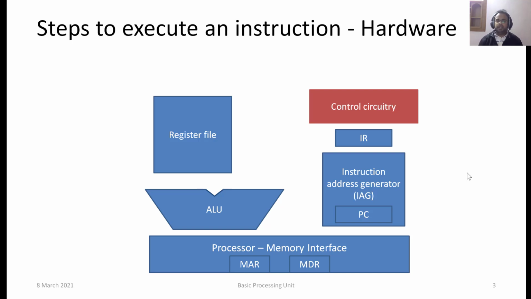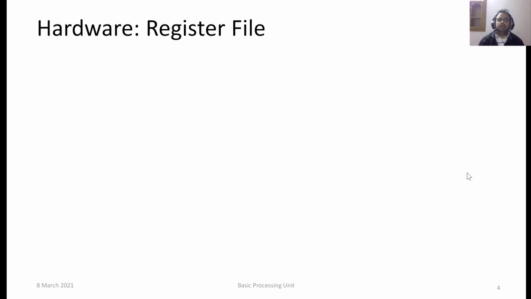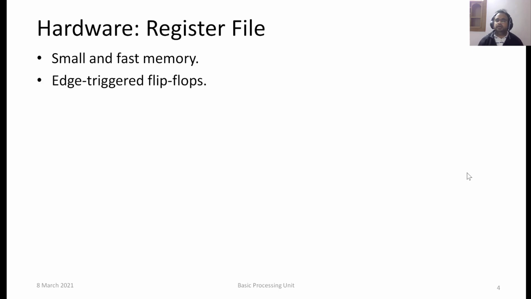Now let's take each type of instruction and see how these modules would work. Before that, a quick detail into what a register file would typically look like, right? It is, as you are aware, a small and fast memory, right? It works as fast as the ALU itself, and we can imagine that it's typically made of edge trigger flip-flops and sometimes very high speed SRAMs themselves.